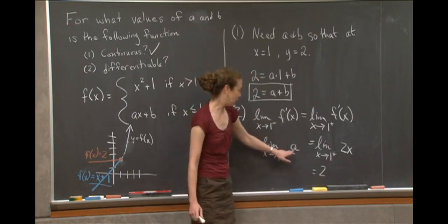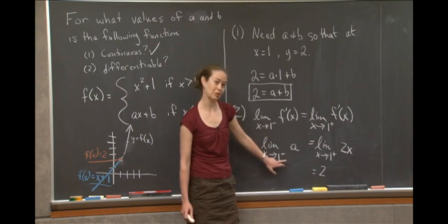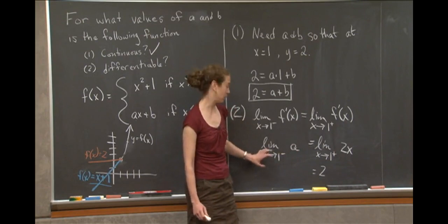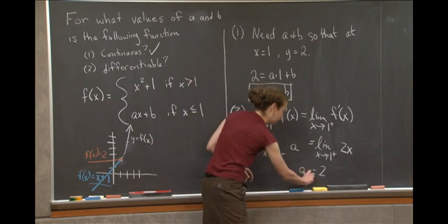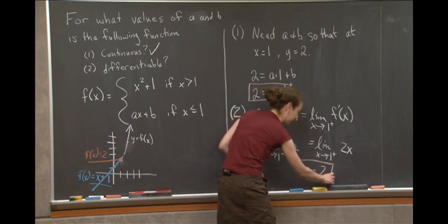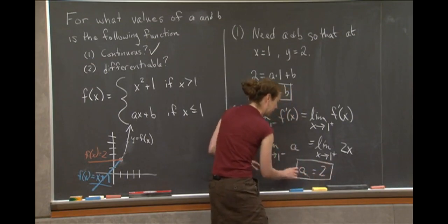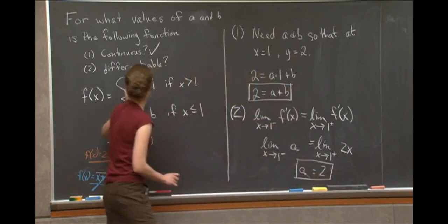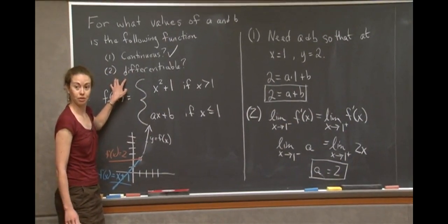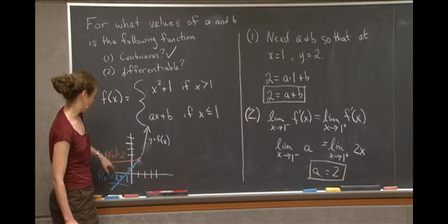Well, if I evaluate a at x equal 1, I can actually just plug it in. There's no x there. This is a constant function, so as x goes to 1 from the left, I just get a. So that tells me that a has to equal 2 here. So in order to make the function differentiable, I only have one value of a I'm allowed to use, and that's when a equals 2.